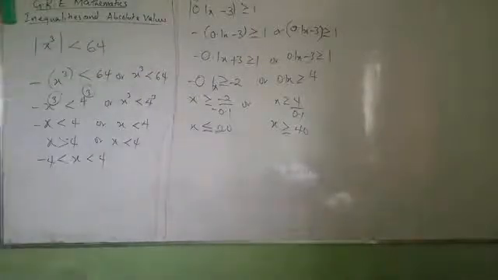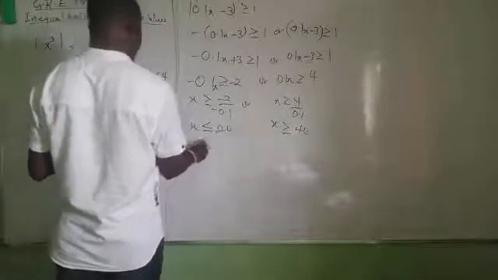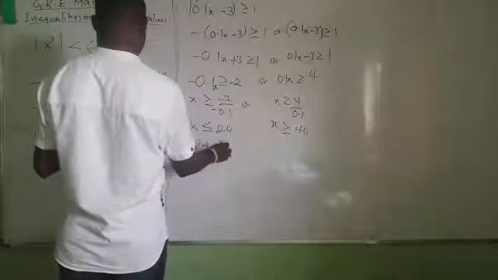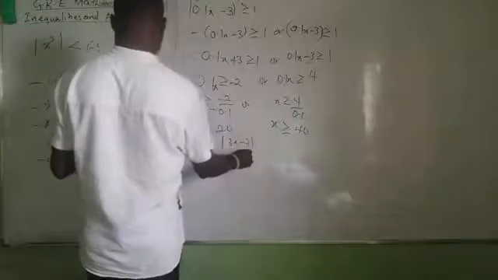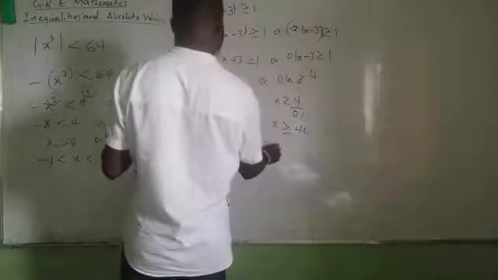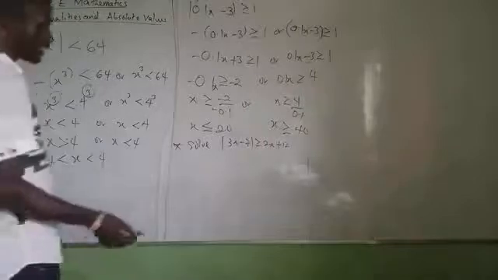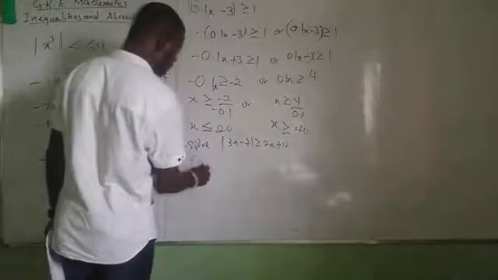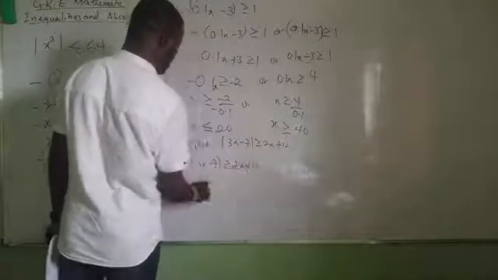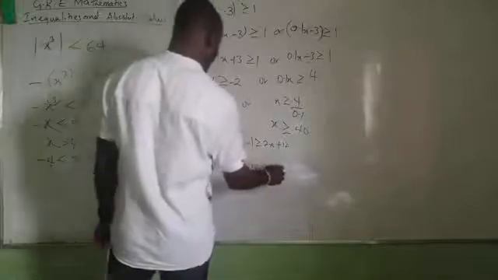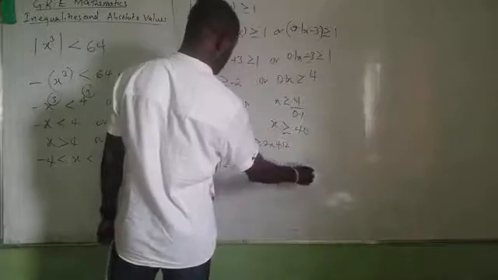Another question that I want to show here is: solve the absolute value of 3x minus 7 greater than or equal to 2x plus 12. What you just need to do, the same way, is to have minus bracket of 3x minus 7 greater than or equal to 2x plus 12, or 3x minus 7 greater than or equal to 2x plus 12.